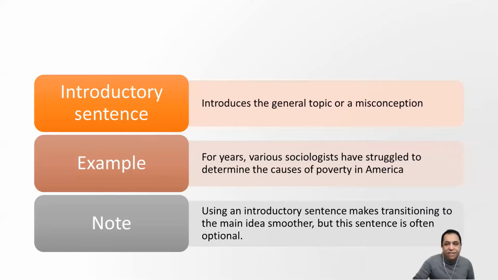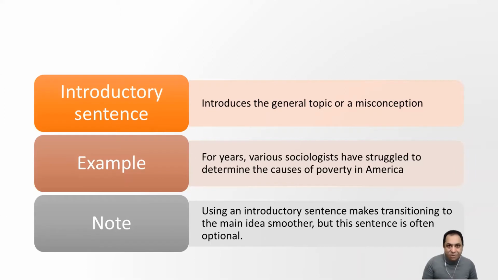So let's have a look at the introductory sentence. As I mentioned, it introduces the general topic, and sometimes it introduces a misconception and then immediately switches to the main idea. Let's have a look at an example here. For years, various sociologists have struggled to determine the causes of poverty in America.